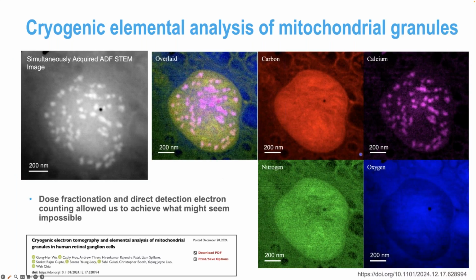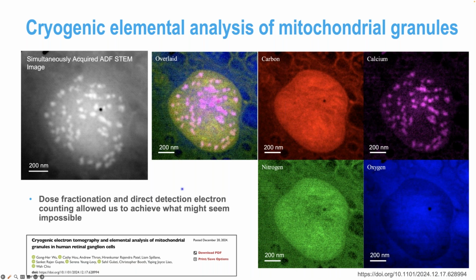However, that is not the case. Dose fractionation and direct detection actually allow us to achieve what might have seemed impossible from the previous slide. We can actually do elemental analysis of materials in bio-like samples. This is a frozen cell section, mitochondrial granules in human retinal cells.